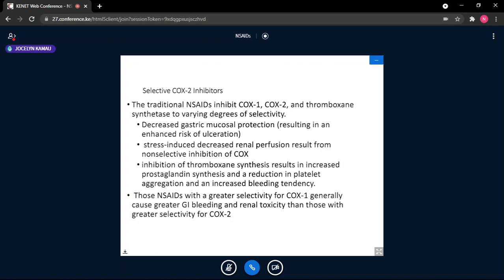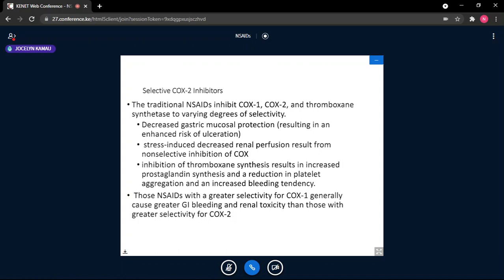Therefore, if you are going to get drugs that are selective for COX-2, you must also have structural features within those drugs that allow them to select COX-2 instead of COX-1. And when we look at these drugs, we will see that they have structural features that allow them to go for COX-2 and not COX-1.